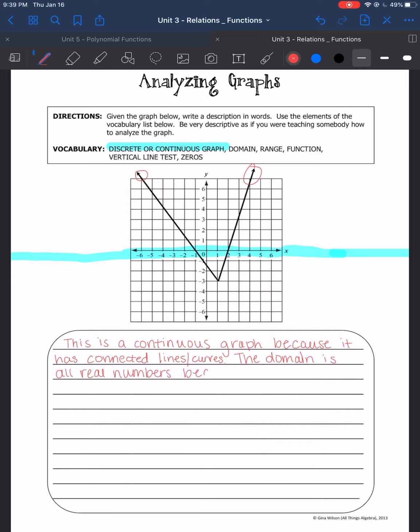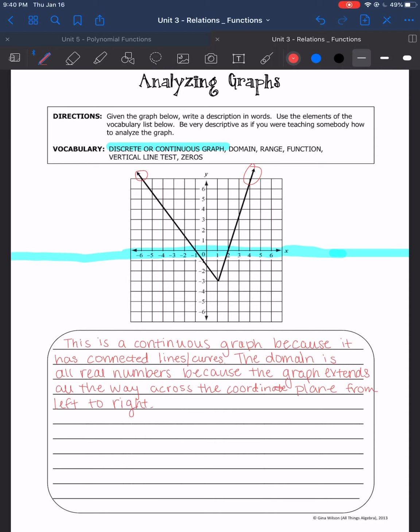Because the graph extends or goes all the way across the coordinate plane from left to right, because domain is what kind of values?